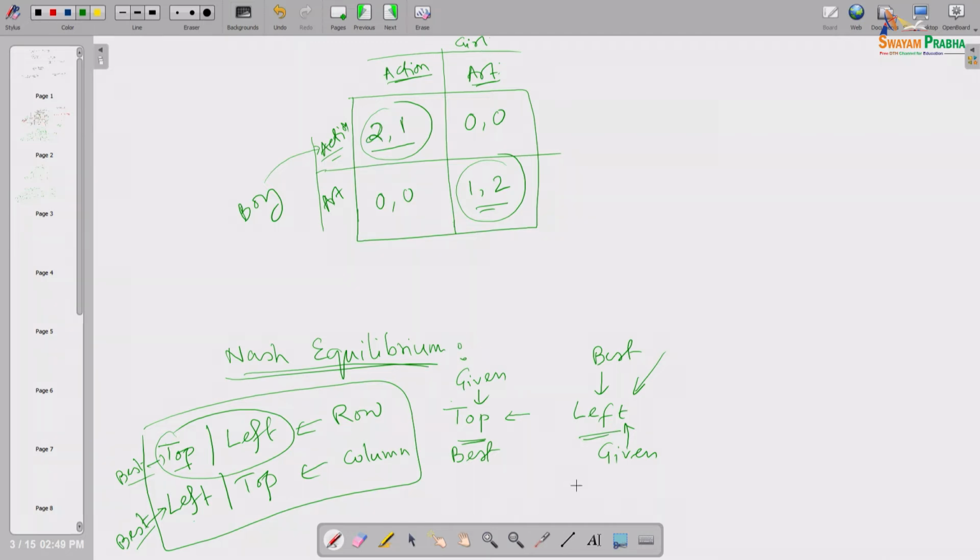Those numbers 1, 2 are the quantified representation of the amount of satisfaction, or utility, they will extract from watching that movie. Alternatively, when both go to the art hall, the boy gets 1 and the girl gets 2, so the girl gets more.